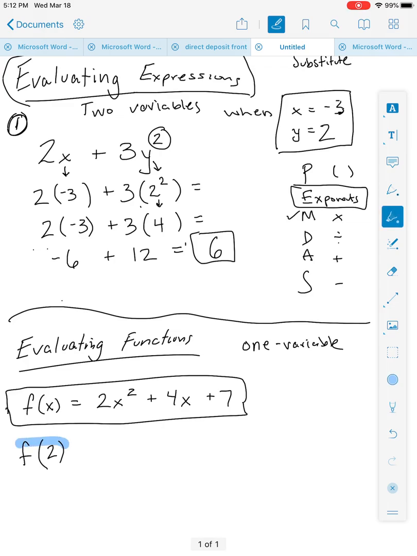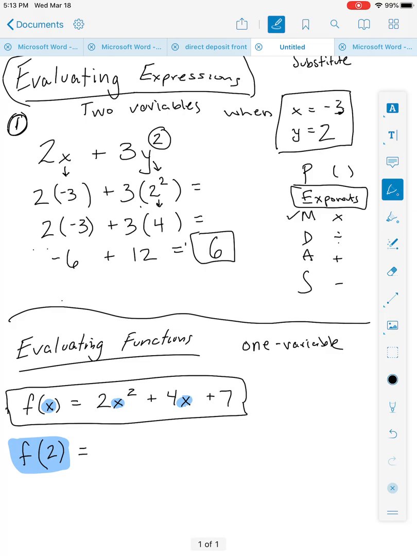And I'll highlight that f of 2 for you, and realize that by evaluating the function for f of 2, we're just substituting in a number for my x value. And it becomes almost the same type of problem.